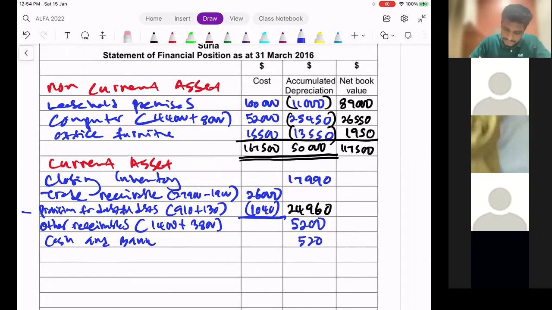Total you get 48,670 plus 117,500. So the total will be 166,170. That's my first balancing.